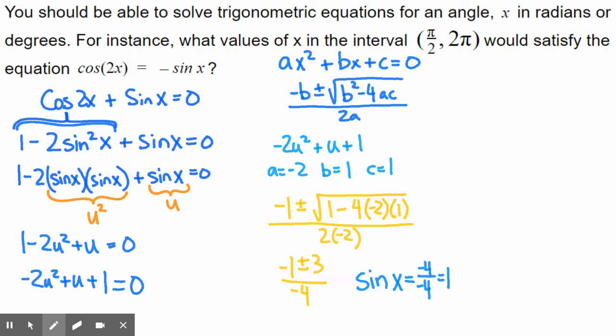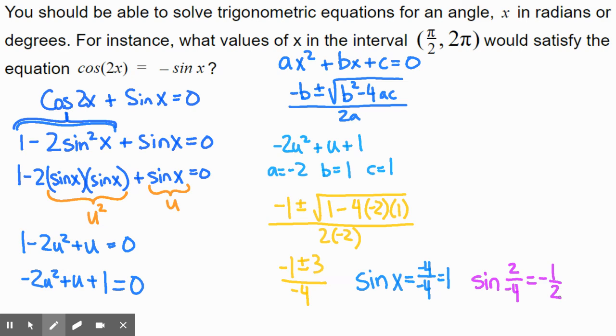The other possible value of sine is negative 1 plus 3, so that's 2 over negative 4, which equals negative 1/2. All right, so those are the 2 possible values of sine.